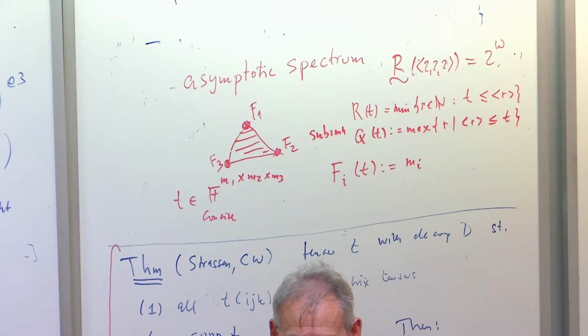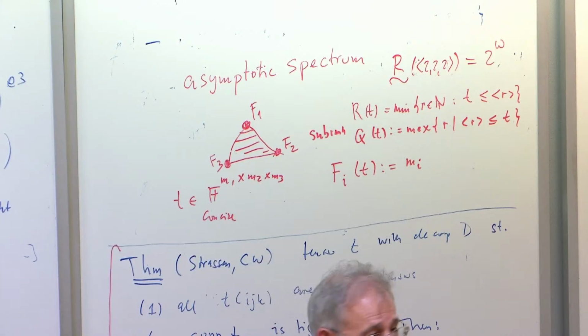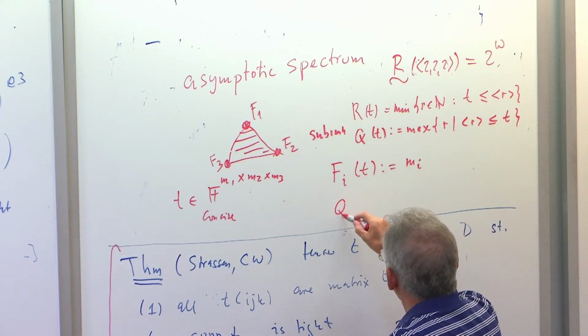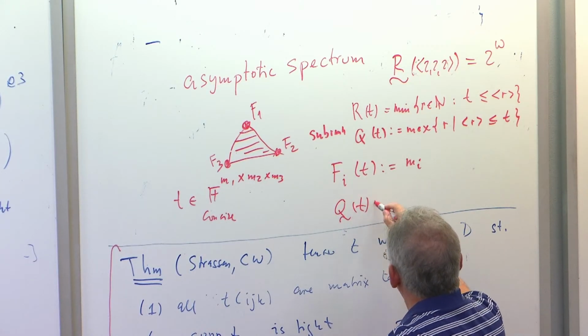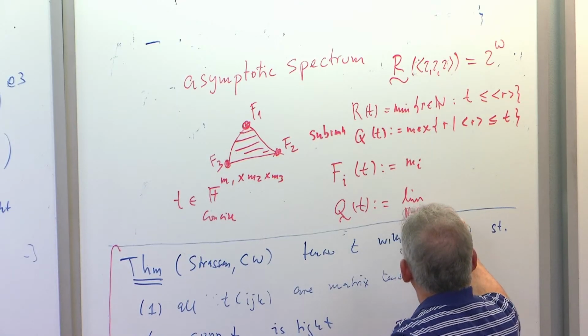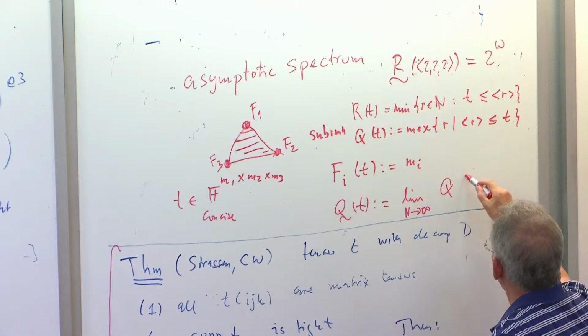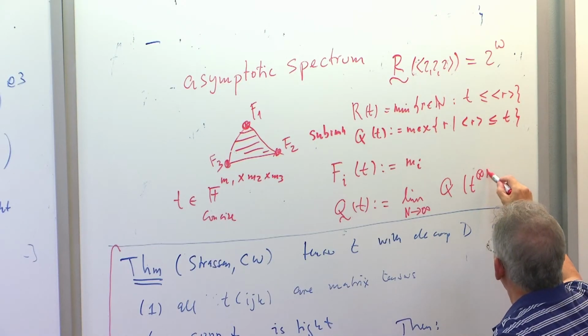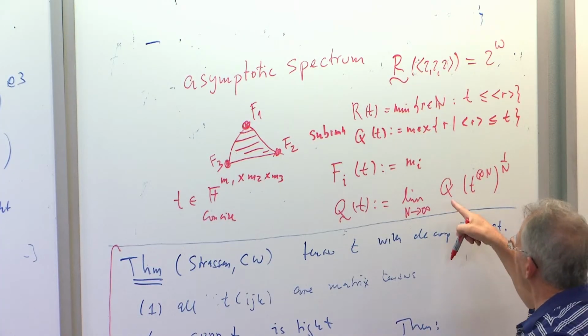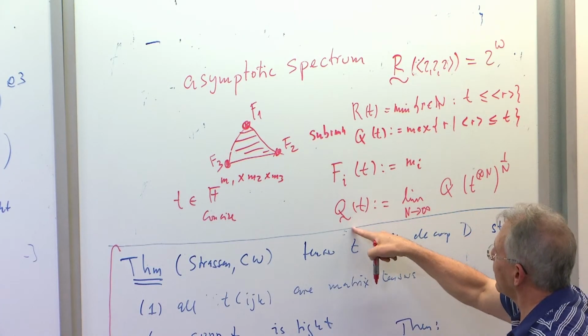This is called subrank, and there's a corresponding notion of asymptotic subrank. It's a limit: you go to the tensor power and take the nth root. If I had used rank here, I would get the asymptotic rank.